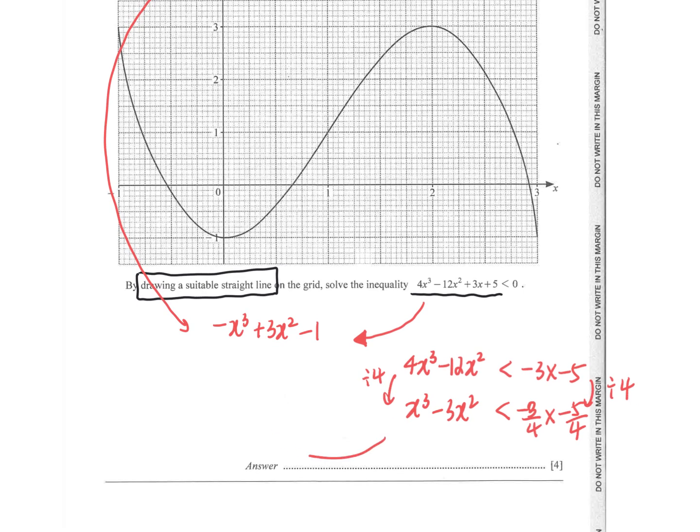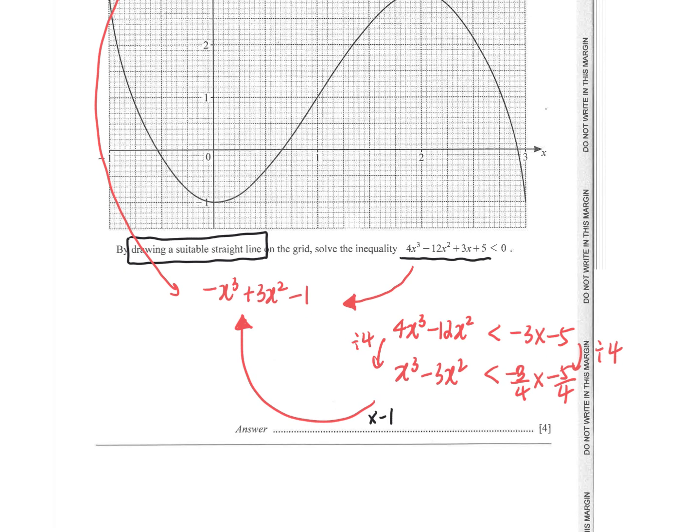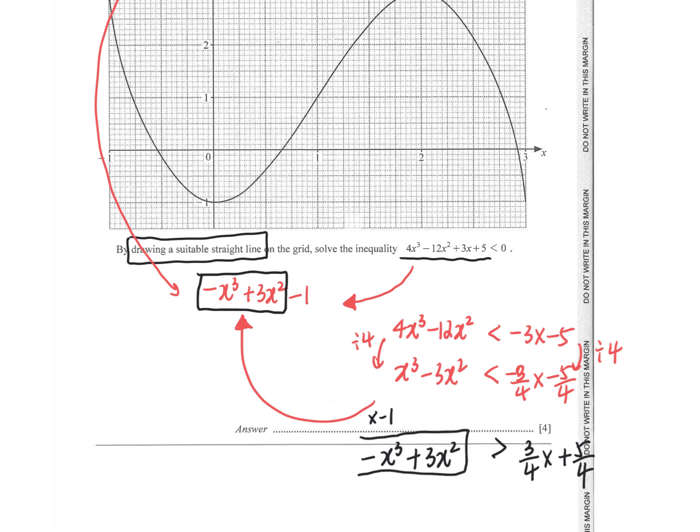So very similar to this one already, but not exactly it yet. So I need to multiply everything by -1. So this one becomes negative x cubed, positive 3x squared. But I need to flip the inequality now because I multiply by negative. Okay, very close already. This one is exactly the same. So I need to minus 1 on both sides.